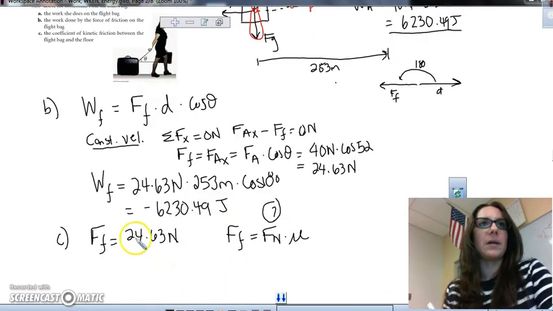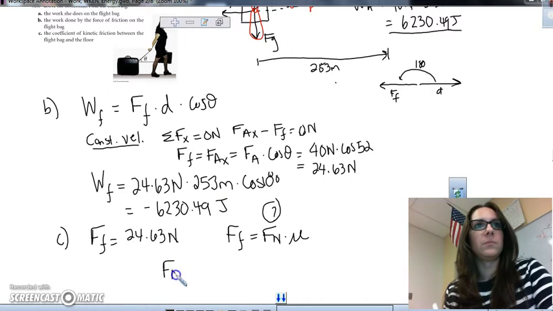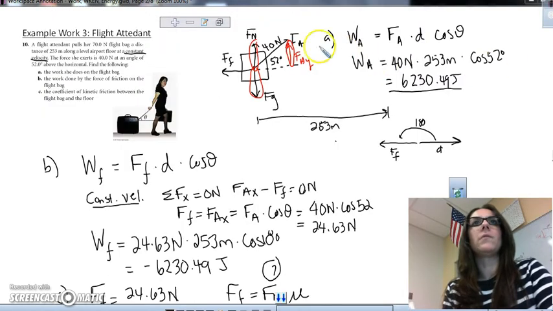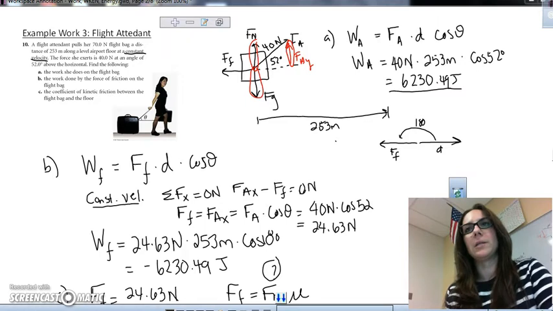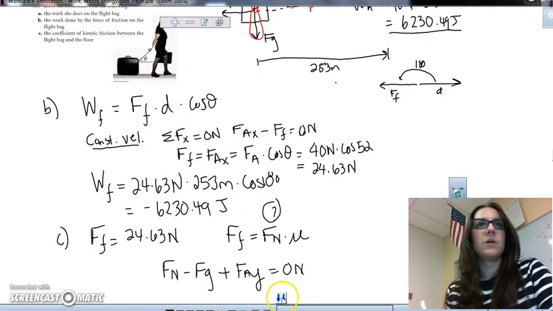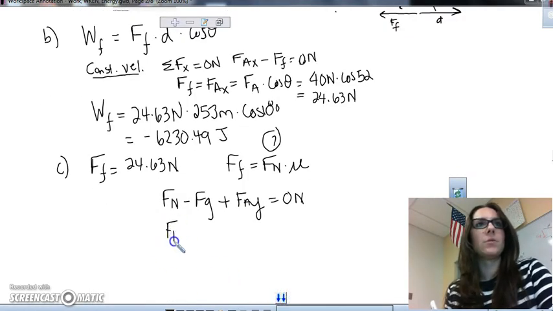So we have force normal minus the force of gravity, but we're going to add the pull from the applied force right here, because we're lifting a little bit, which is why this is up or positive. That gives us that force normal is basically going to equal the weight minus FAY. Notice I moved that over and I added it and then subtracted it.